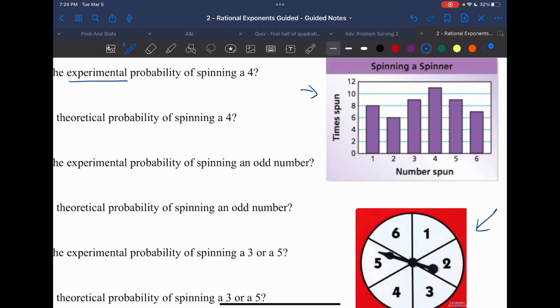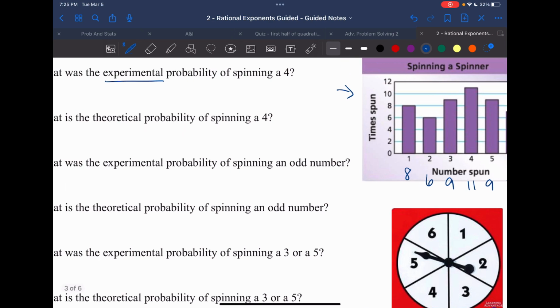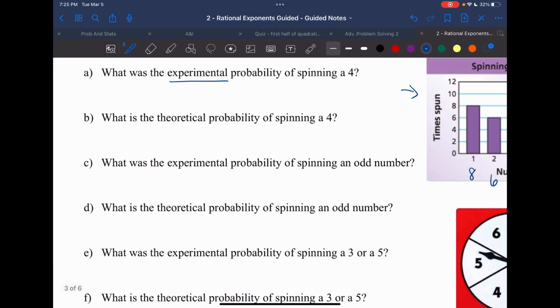If I look at all of the spins, we spun a 1 8 times, a 2 6 times, a 3 9 times, a 4 11 times, a 5 9 times, and a 6 7 times. We need to add those up in our calculators. Your total number of spins should have been 50.